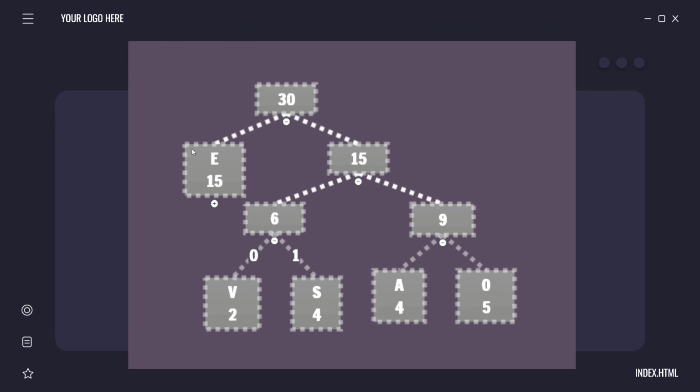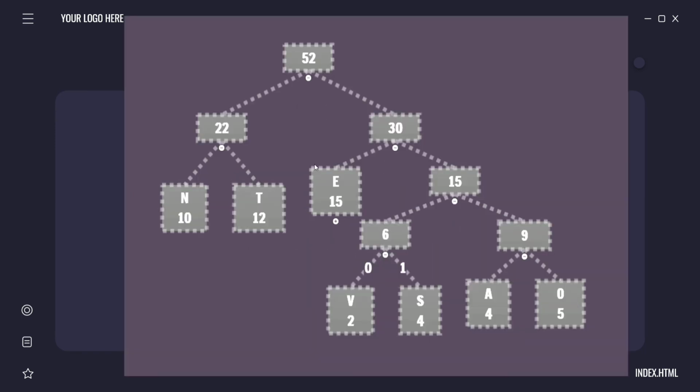Again this process would be repeated, and this e character would be added along with this 15, and then we would be having this node. So this process keeps repeating till we get this final tree, like it would be repeated 3 more times after we left.